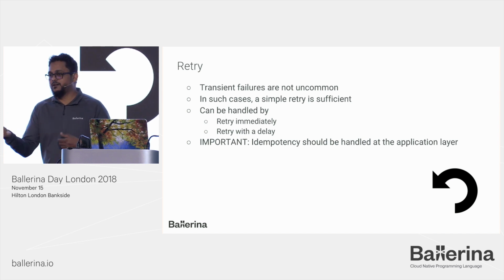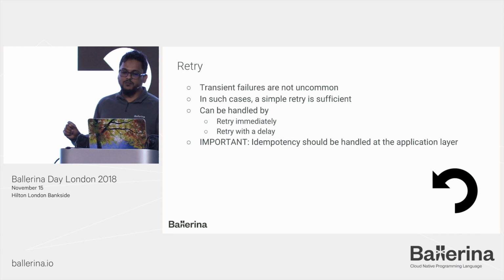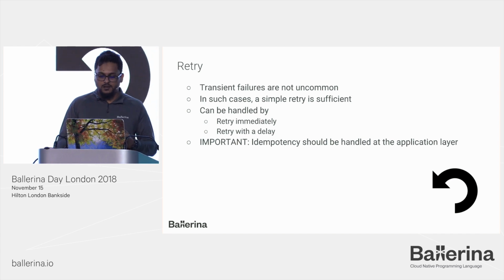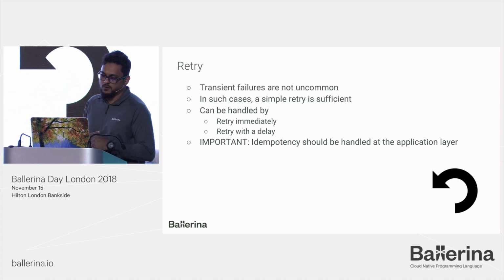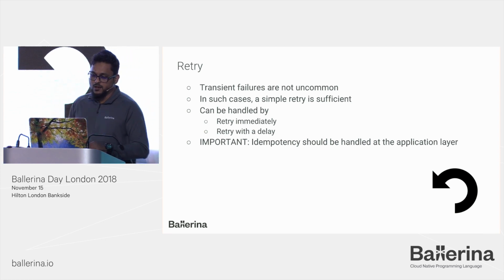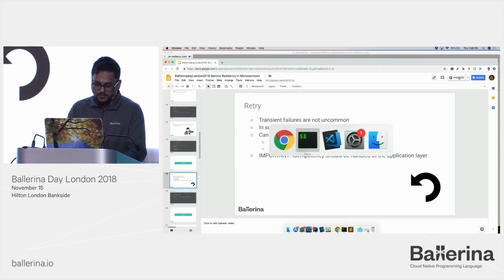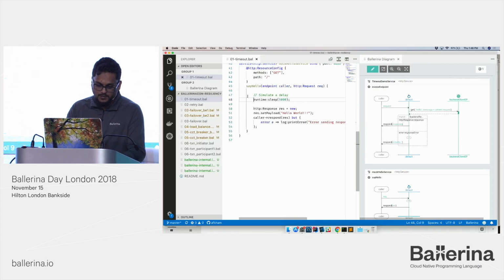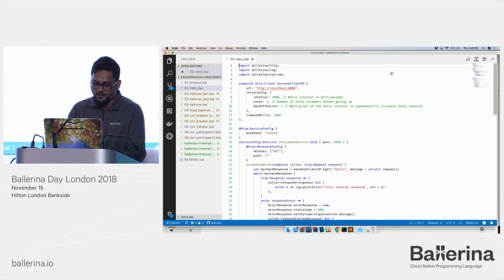When you retry the second time or the third time, you might get a proper response. You might connect to that system. So we have provided the facility for you to incorporate retry into your client endpoints. That's going to be my second sample, retry. So let's close that.